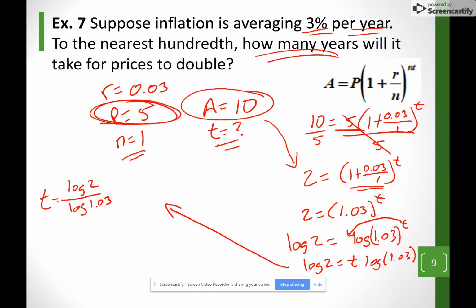That's not my answer. That is just telling me how much is log of 1.03. Press equal, and I'm going to get that my t, it shows me 23.449, but I'm rounding to the nearest hundredth, so 2 decimal places. I'm going to call this 23.45.